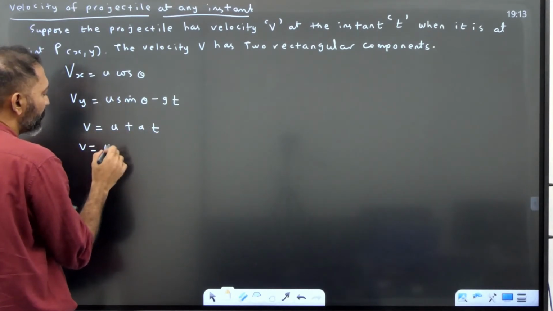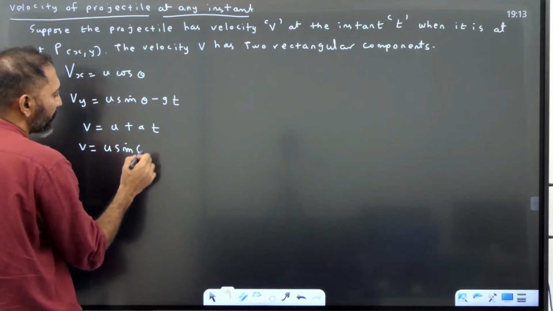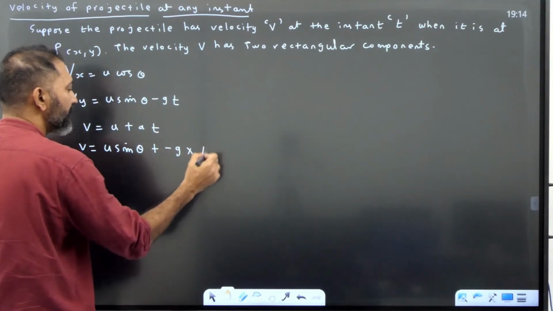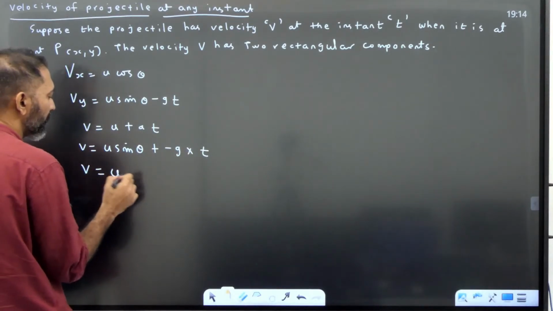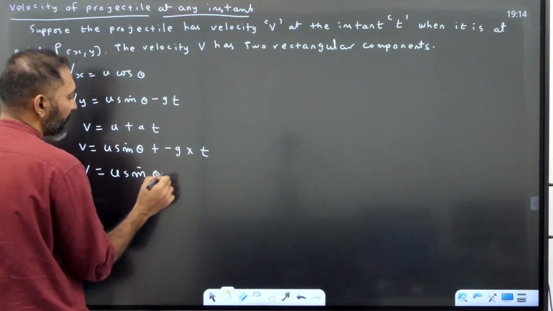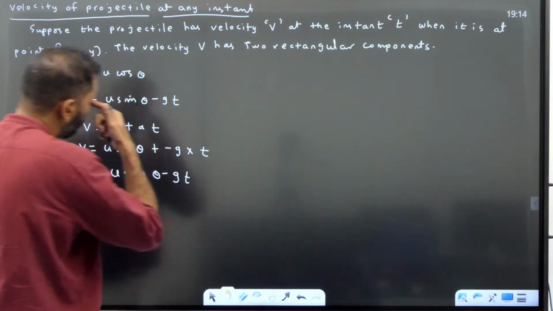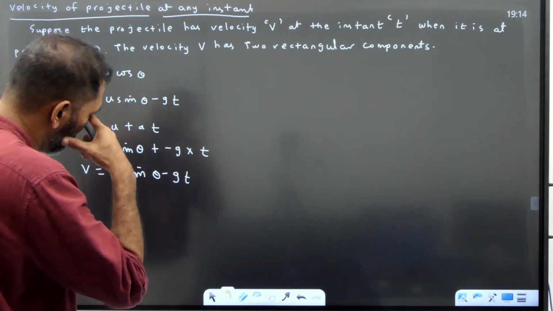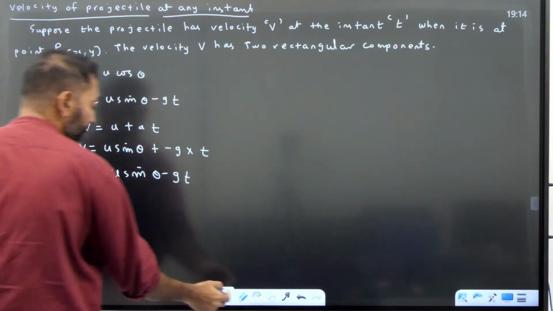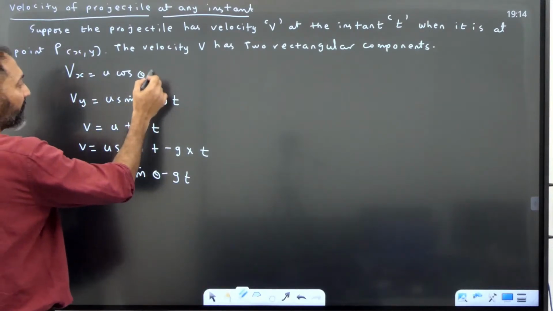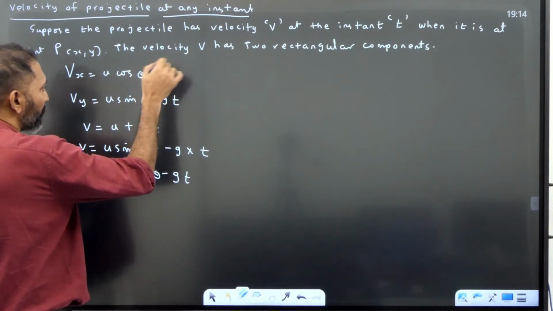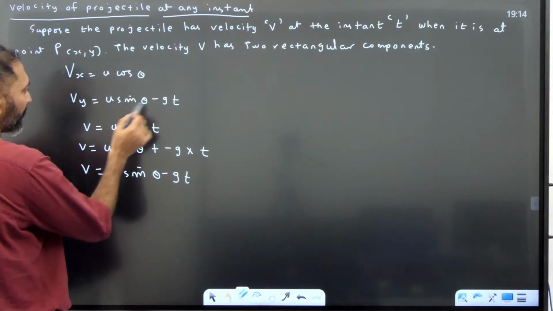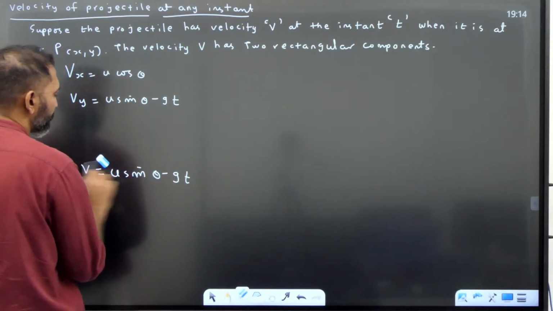Instead of u for vertical, I should write u sin theta, and instead of a, I should write minus g into t. So vy is u sin theta minus gt. But for horizontal, I am not writing gt, because there is no acceleration horizontally. That is the reason why I am not writing plus gt or minus gt for horizontal. I hope you understood why I have written this in this way.